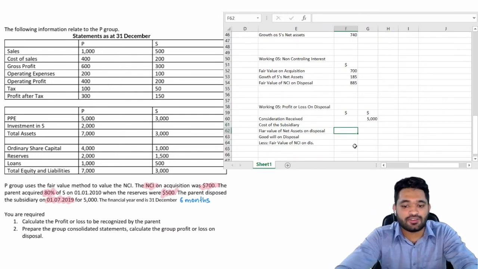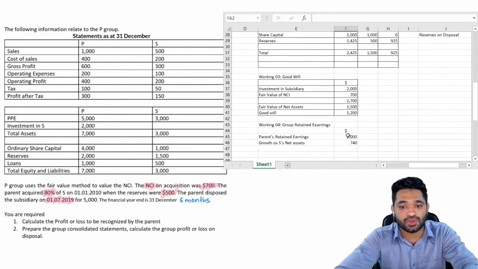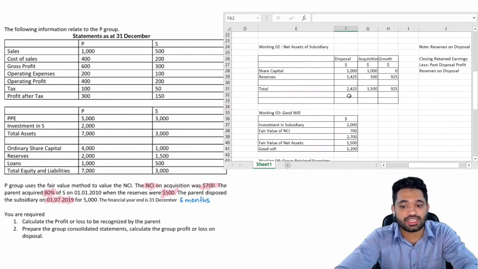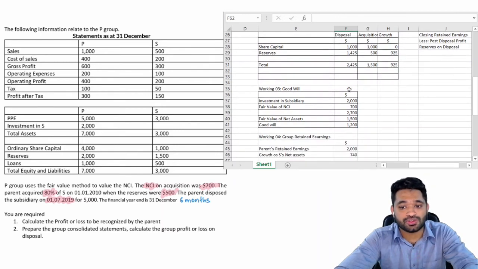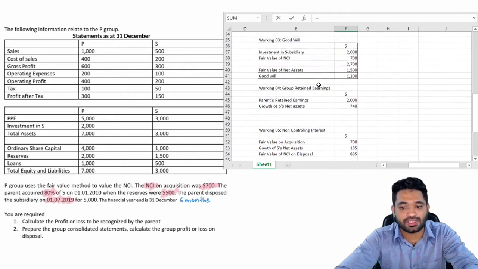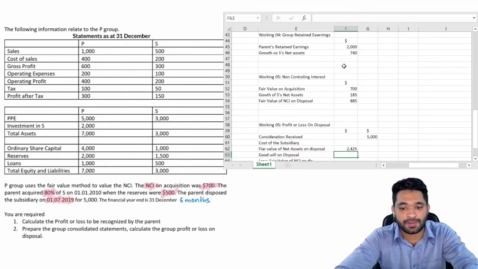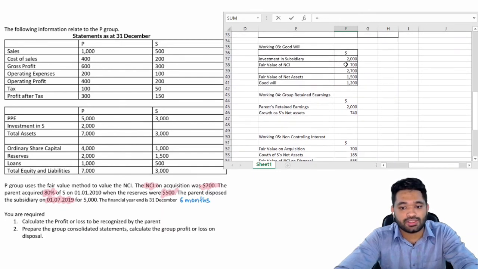The fair value of the net assets on disposal, we get it from working number 2, which is our net assets working. So it comes to 2425. The goodwill on disposal would be taken from working number 3. So the goodwill is 1,200.